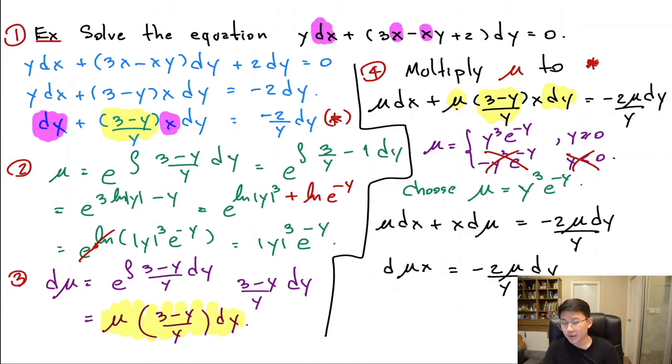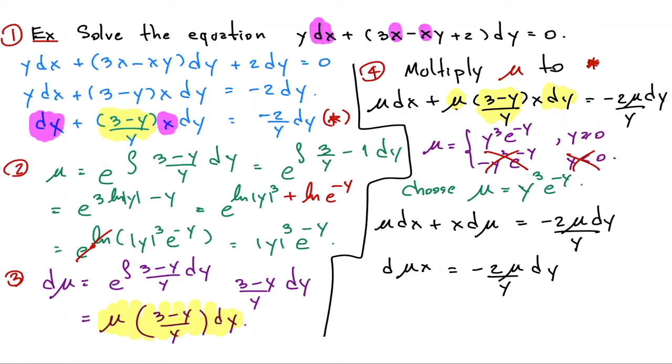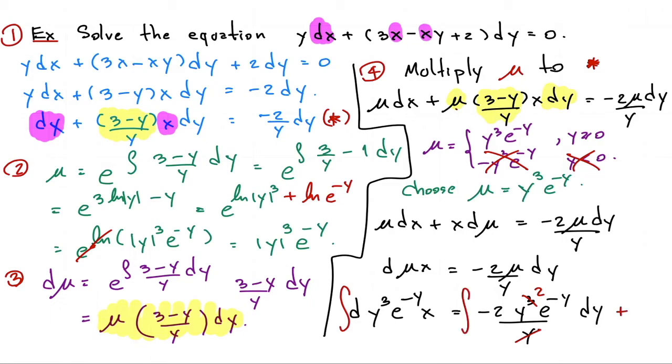And then I put mu in there. Mu is y cubed e to the minus y, so d of (y cubed e to the minus y x) equals minus 2 y cubed e to the minus y divided by y dy. This cancels out, you get y squared, and then you integrate throughout the equation.